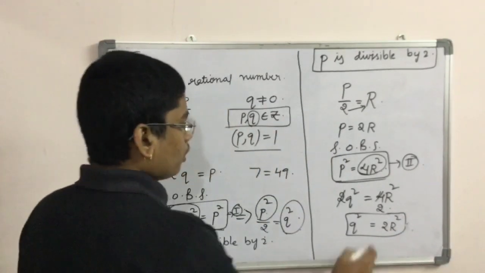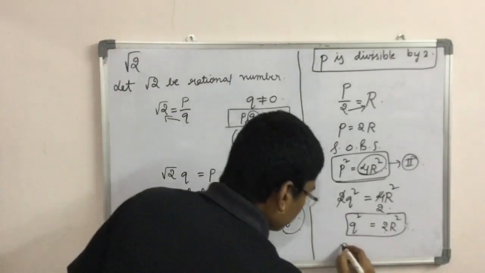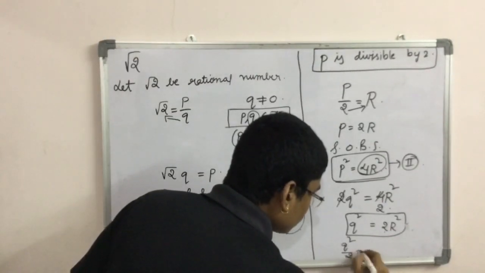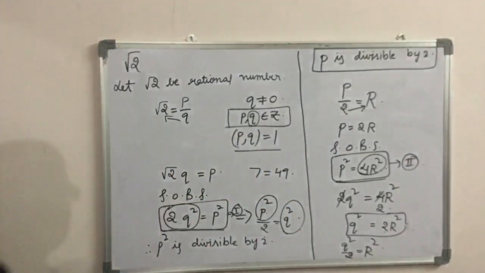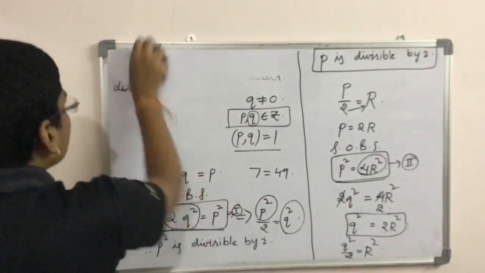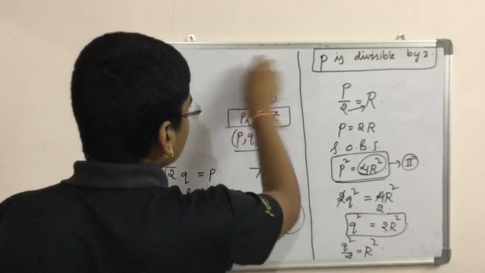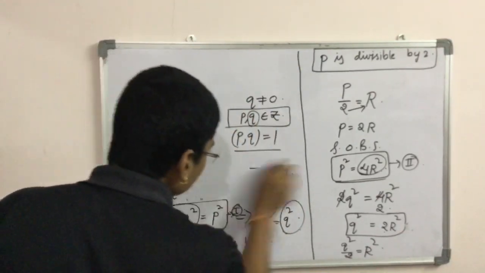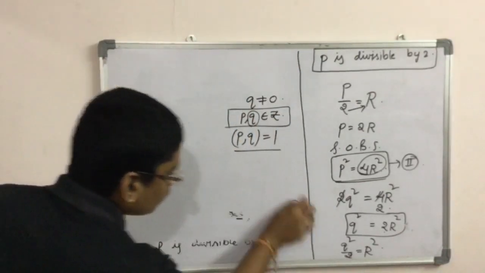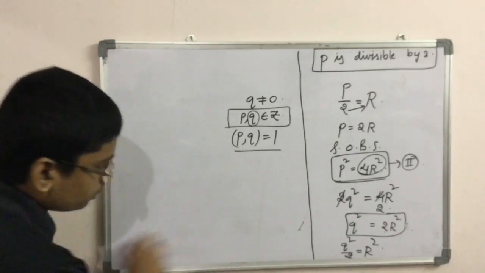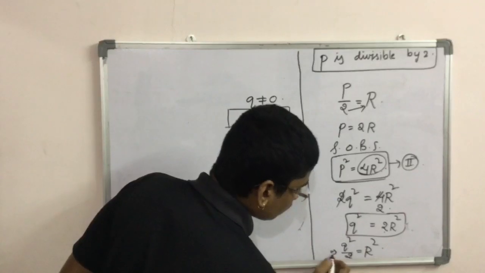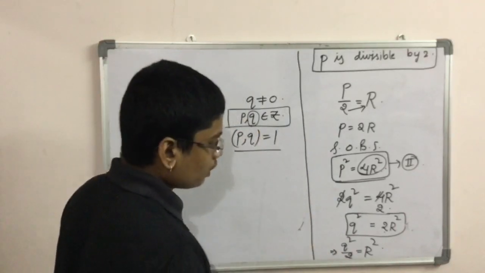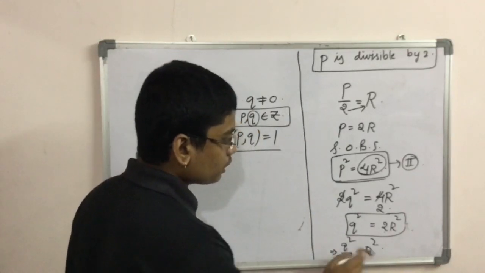Right? Now we'll consider 2 to the other side. Q square by 2 is giving us r square, right? So we'll let these 3 conditions be here, and we'll solve the next part. Now q square is an integer and getting divided by 2 is giving us r square, right?